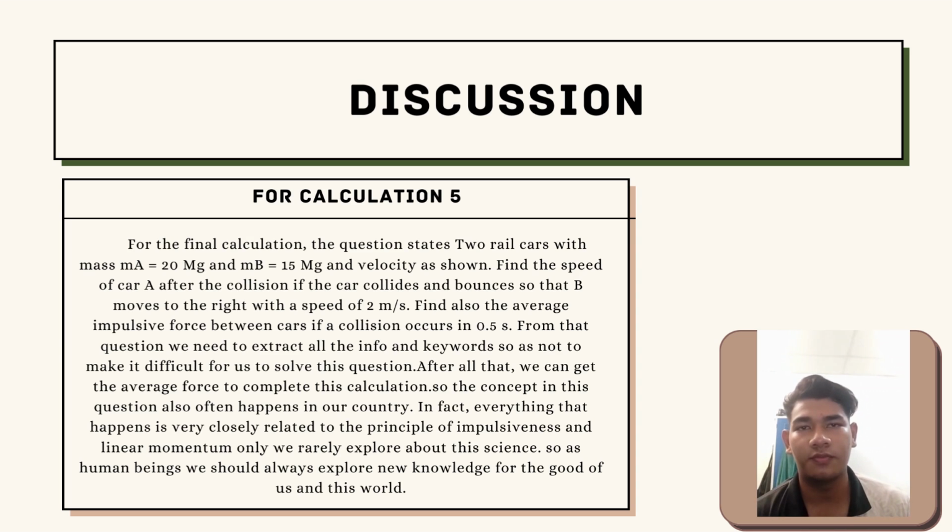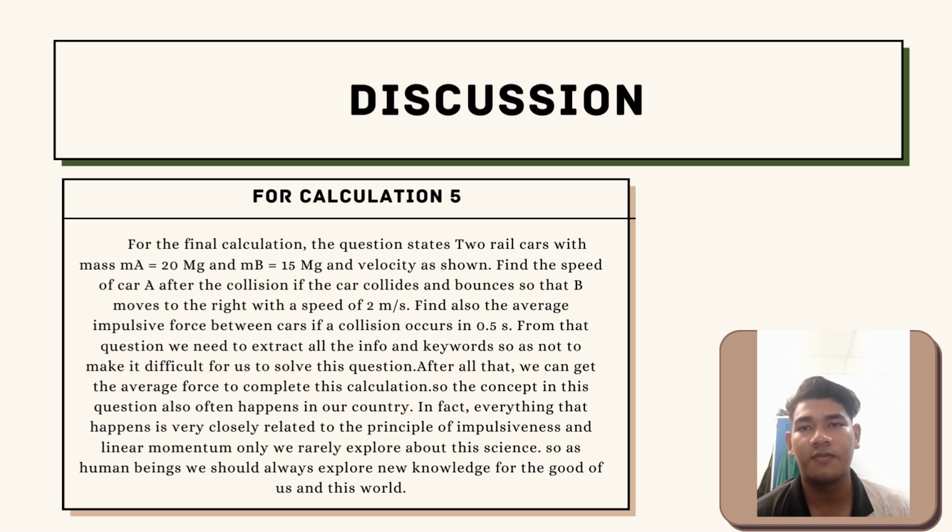For discussion calculation 5, the question states two rail cars with masses MA equals 20 Mg and MB equals 50 Mg and velocity as shown. First, we need to find the speed of car A after the collision if the cars collide and bounce so that B moves to the right with speed 2 m/s.